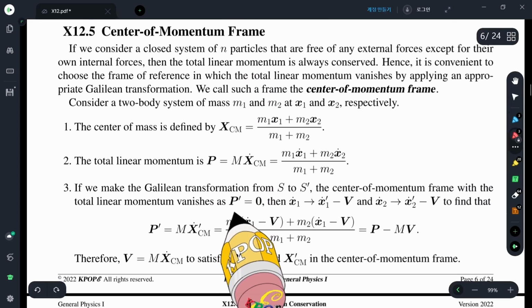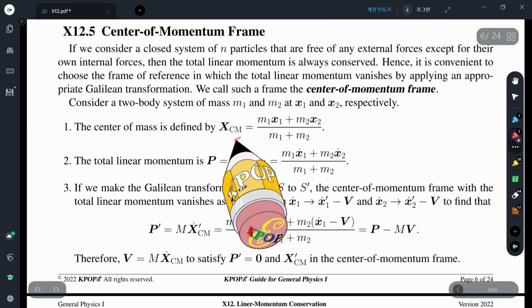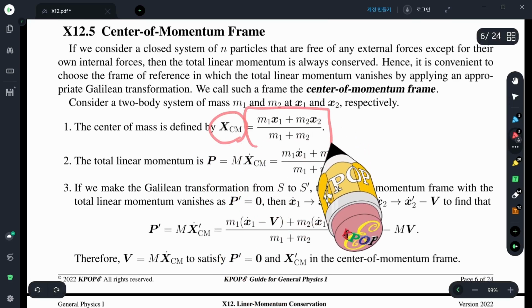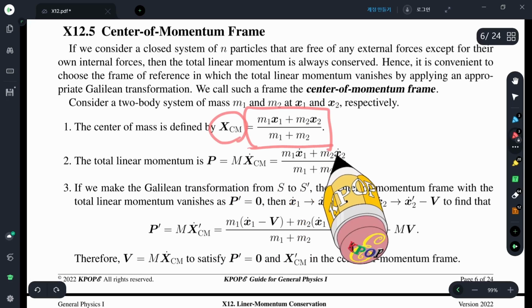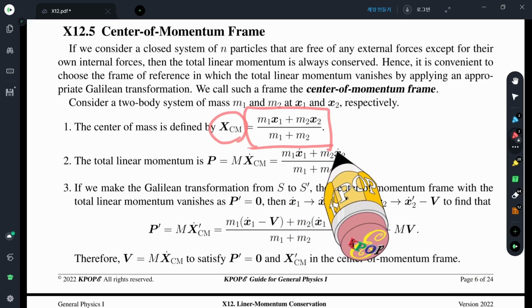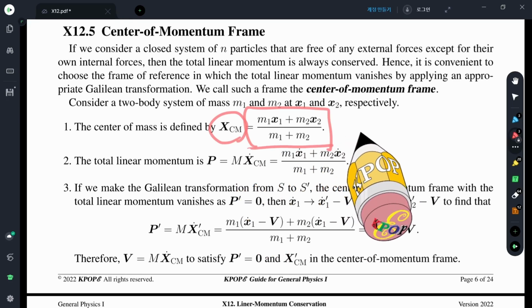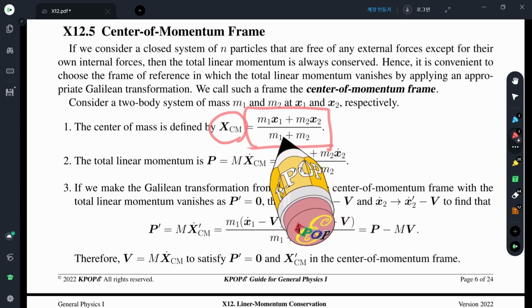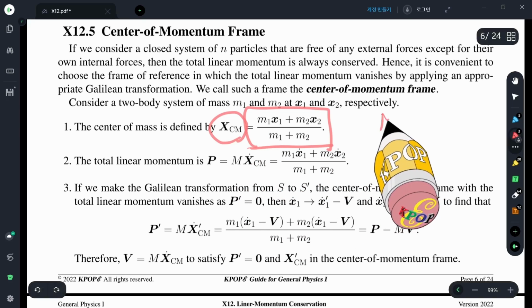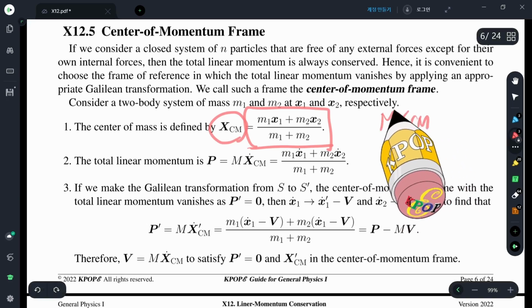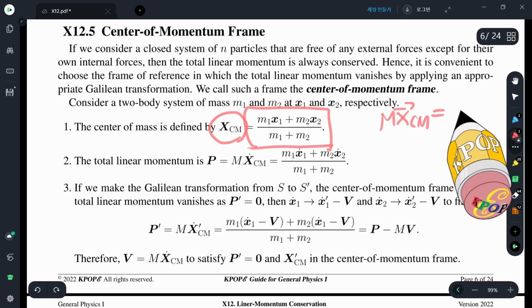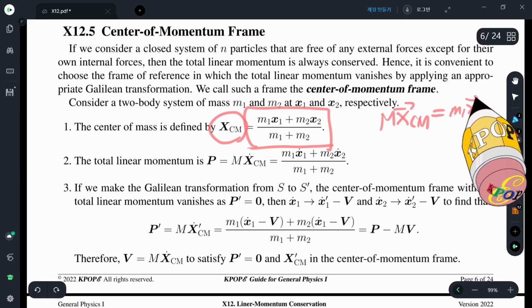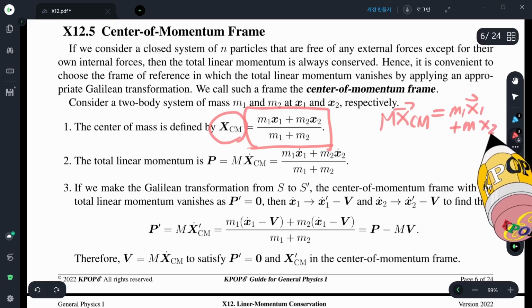The center of momentum frame. The center of mass is now defined to be the weighted average of the positions of the n particles that construct the system. If we multiply by the total mass on both sides, then M times x_cm is the sum of this.